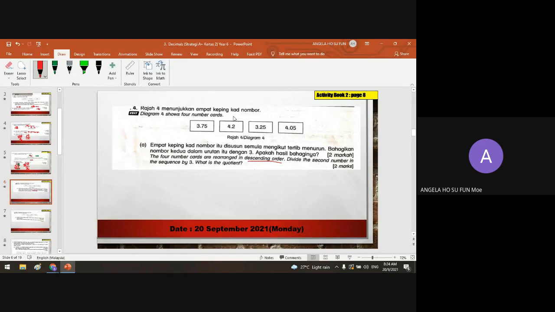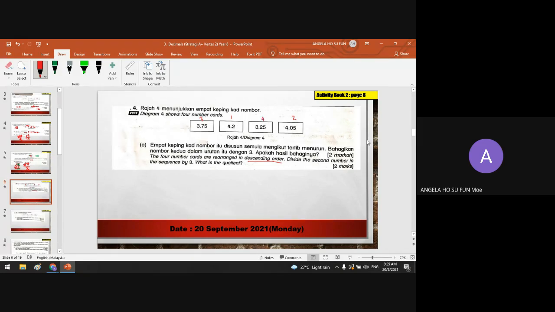So I know this will be the first, the largest number, followed by this as the second. Then you compare the other two. This is 3, this is also 3. After the decimal point, this is 7, this is 2. So 7 is bigger.